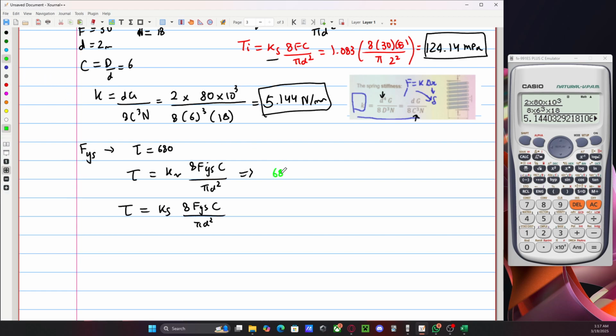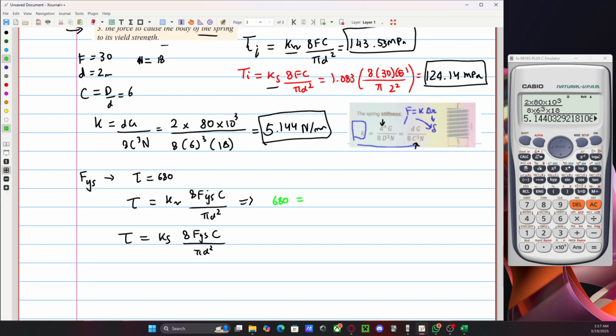So this will be 680 equals Kw, which we said earlier Kw is 1.2525, times 8 times Fy times C, which is 6, all over pi times 2 squared.